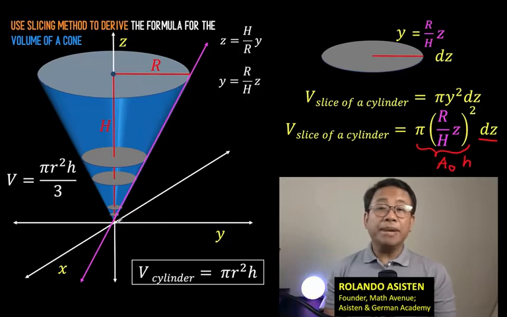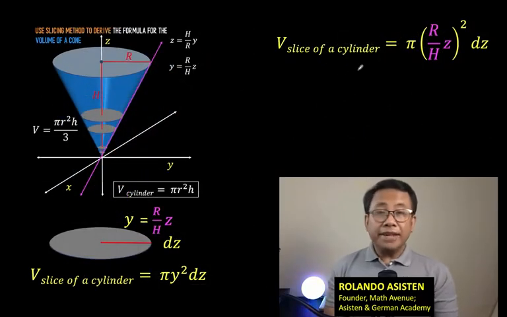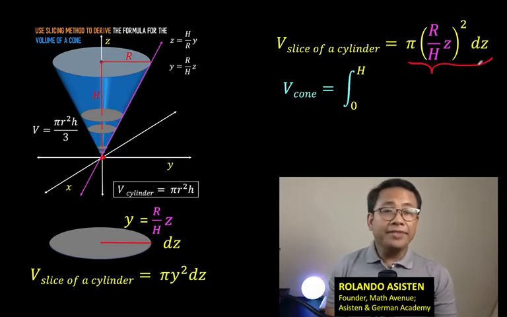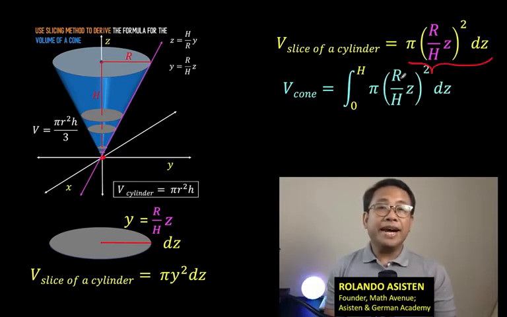And in order to sum up all those volumes, we need the concept in calculus called definite integration. So let's zoom out a little bit so we can have more space. If this is the volume of one slice of a disc, the volume of the entire cone is now given by the integral from z equals 0 to z equals H, because the height is H, of pi times the quantity R over H z squared dz.